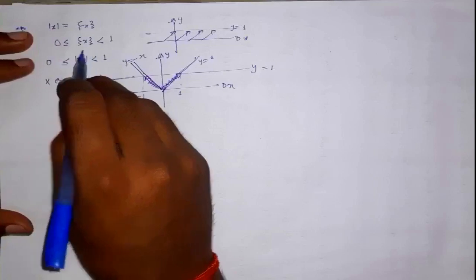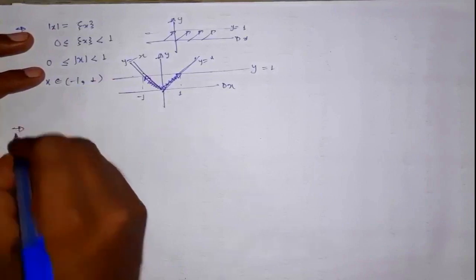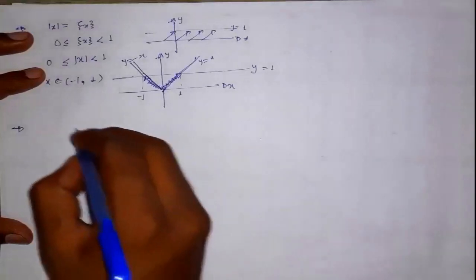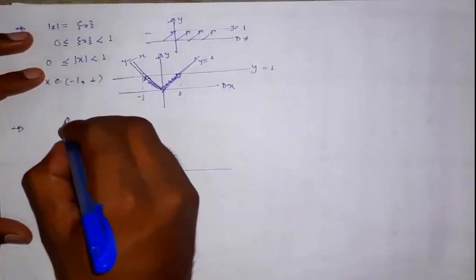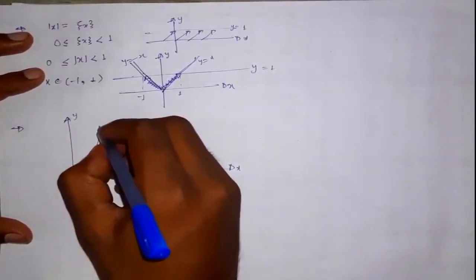Now I would like to tell you some important facts regarding the graph of a function. Okay, so I am taking a random graph like this. This is y, this is x. It is like this.